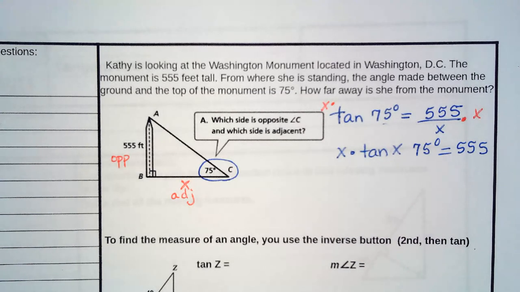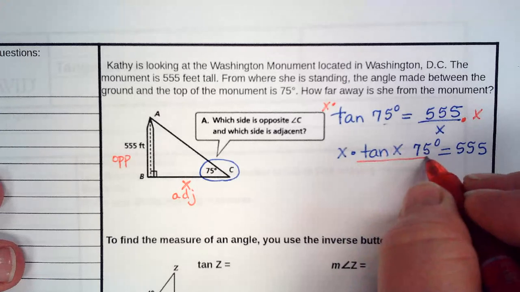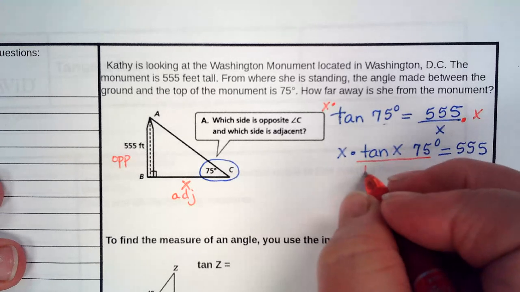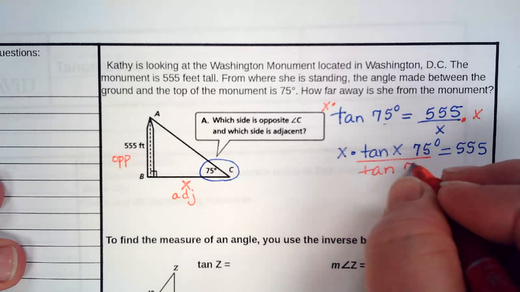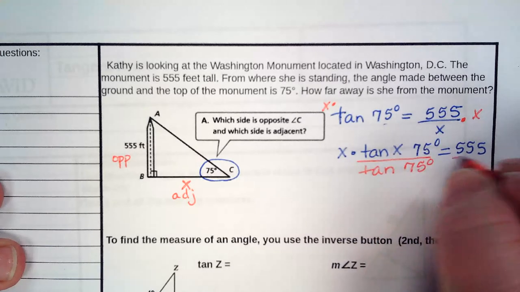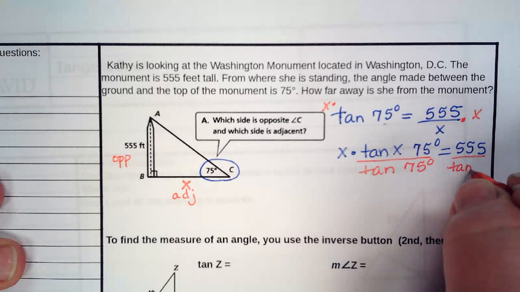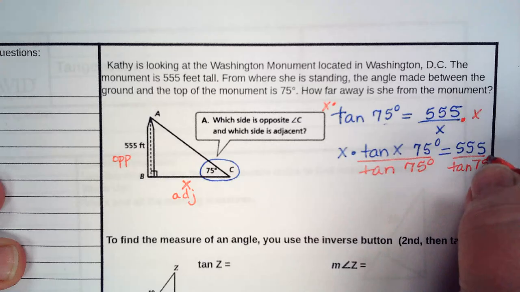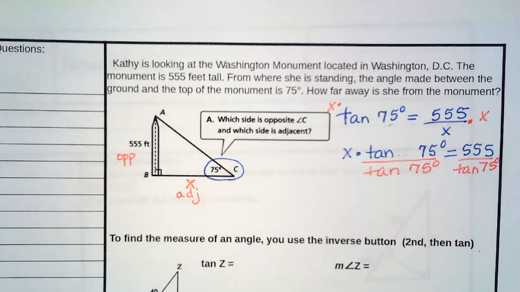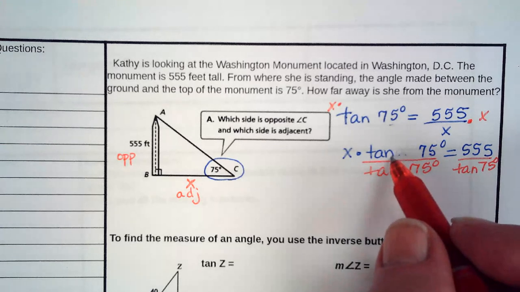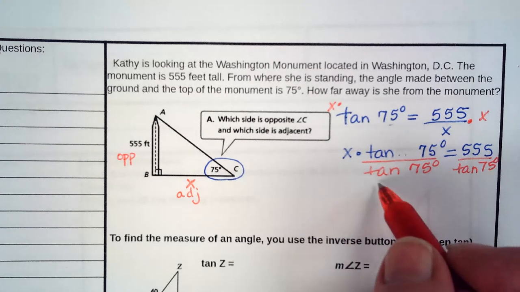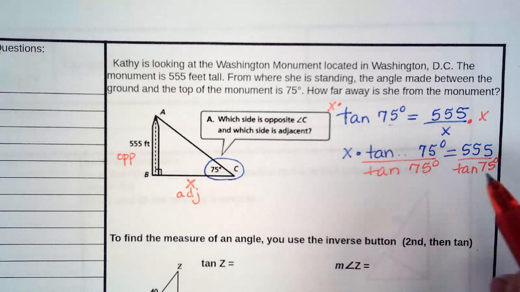Okay, I need to get the X by itself. What am I going to do? I'm going to divide by the tangent of 75 degrees. Remember, the opposite of multiplying is dividing, so the tangent of 75 divided by the tangent of 75 would give me 1. 1 times X is X.